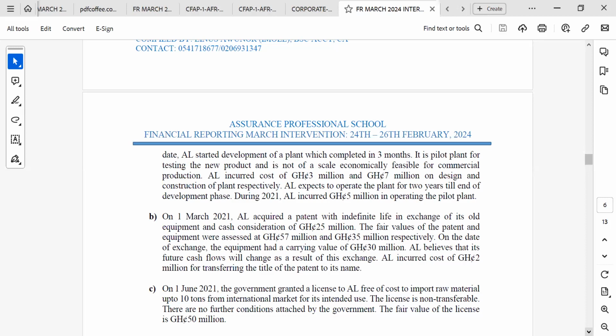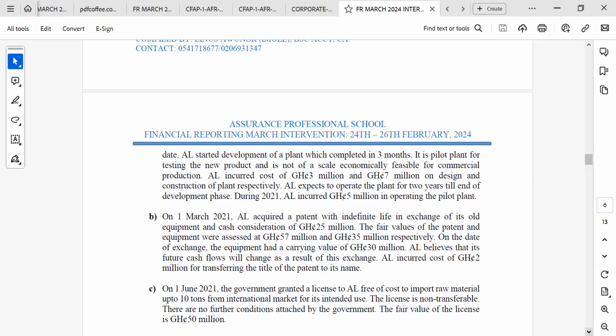How is the company acquiring the patents? Are they paying cash, or cash together with something? They are doing an exchange and they're also paying a certain amount of money, isn't it? What is the value of the patent? It's 57 million.